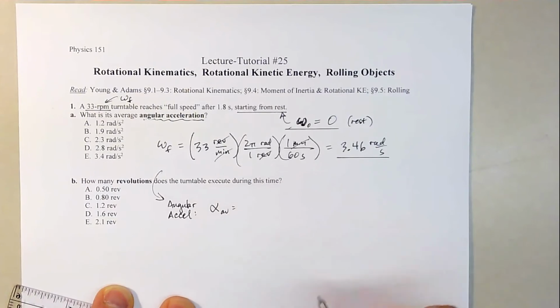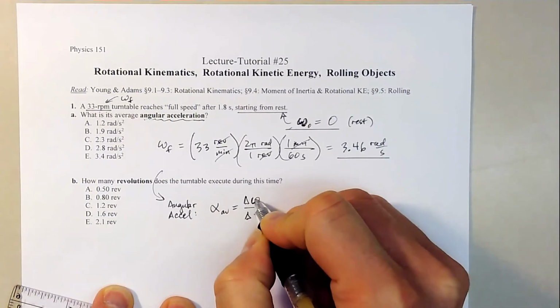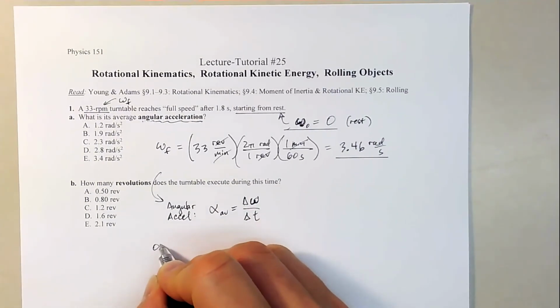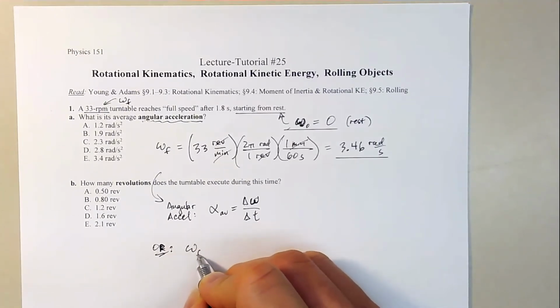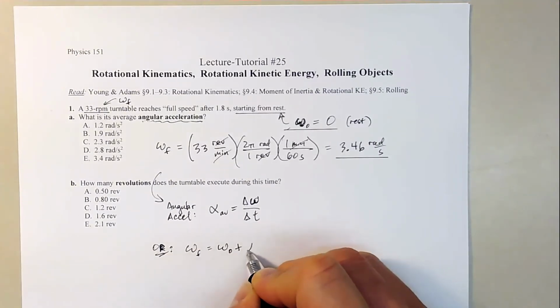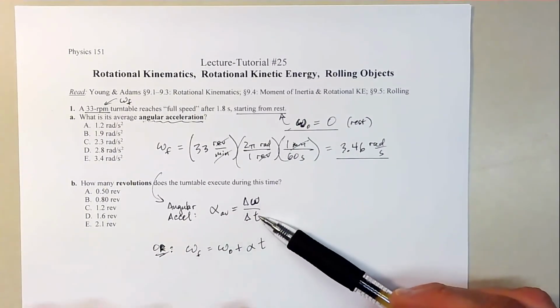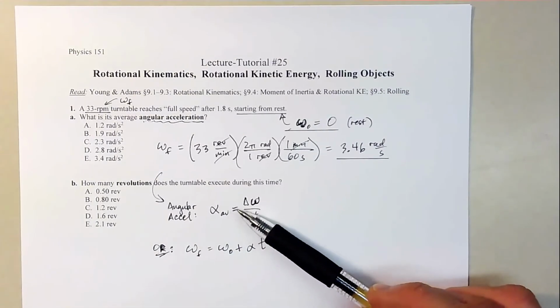I can either say average angular acceleration over time is equal to change in omega over change in t. Or if I wanted to make the assumption of constant acceleration already, I can say omega final is equal to omega initial plus alpha times t. In either of these cases, I know the time and I know the initial and final omega. So that will allow me to solve for alpha.